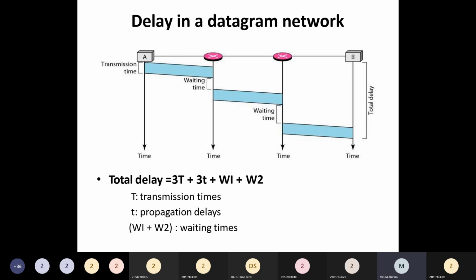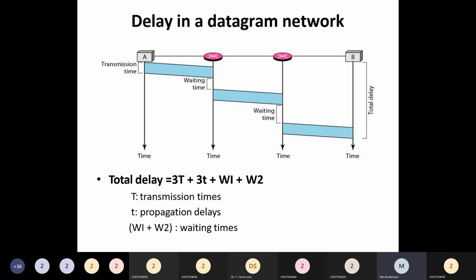Before that, in circuit switched networks, how to find the delay in terms of time, isn't it? Here the transmission and propagation times determine the time delay, along with the waiting times while the data is transferred.